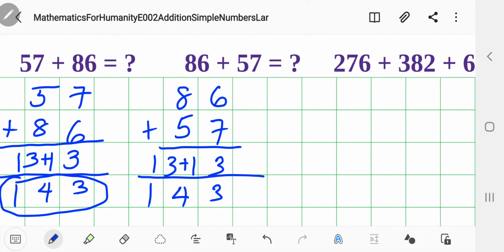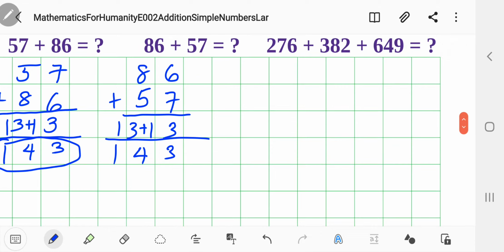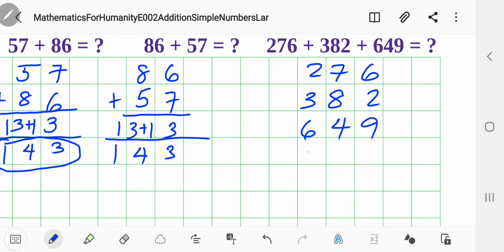Then how about this one? 276 plus 382 plus 649. Let's add them. 6 plus 2 is 8, plus 9 is 17.